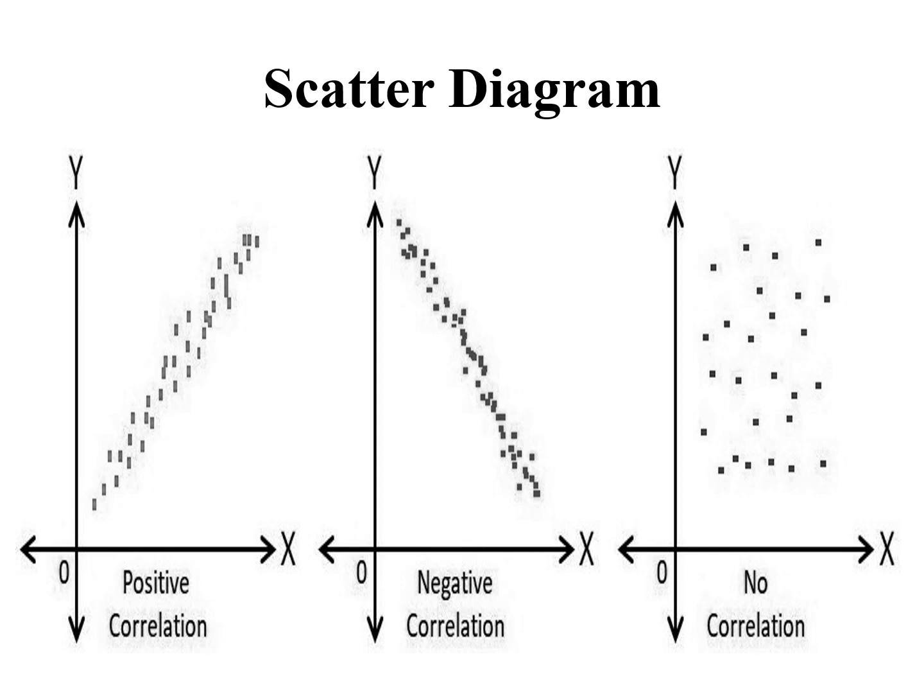So plotting the points on the graph, we get the x and y variables, whether it is positive, negative, or no correlation. We can find this with the help of the scatter diagram. So first one, positive correlation. We have already seen positive correlation.